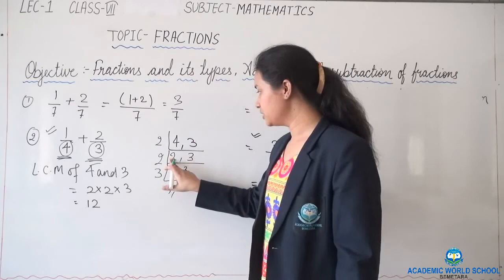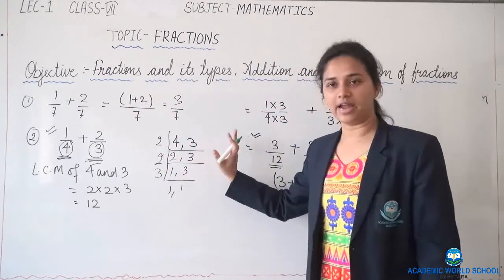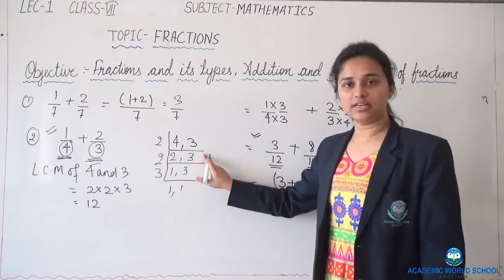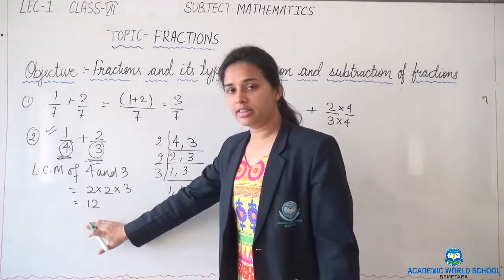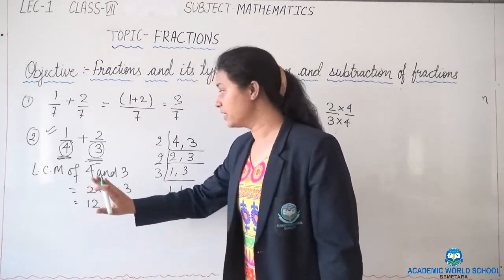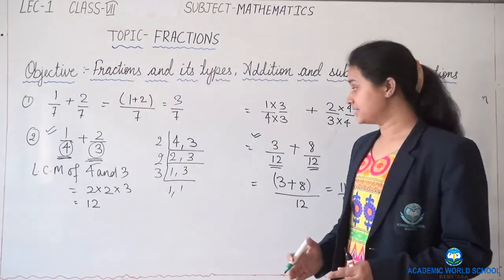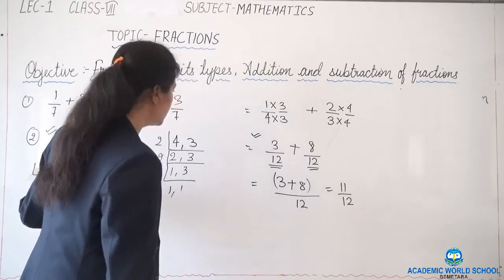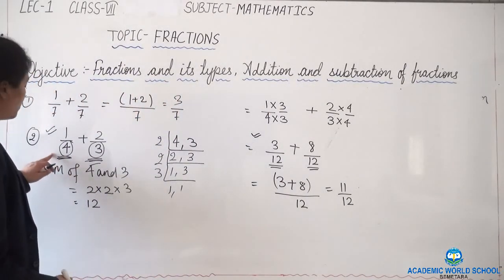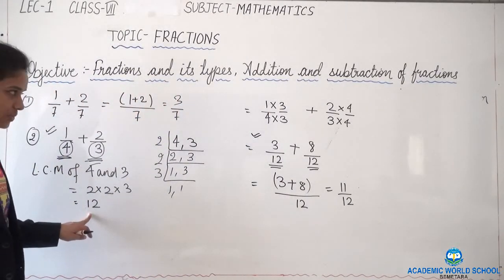So 2 into 2, 4; 3 we write as it is, since 3 is not divisible by 2. This is the way we did it and we got the LCM as 12. Now after getting the LCM, the next step is to convert the denominators and make them 12.